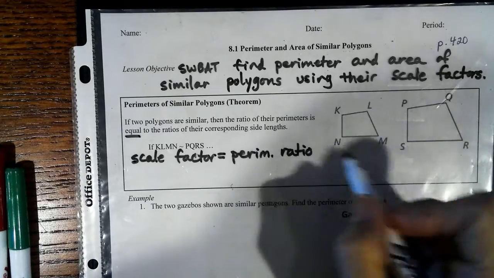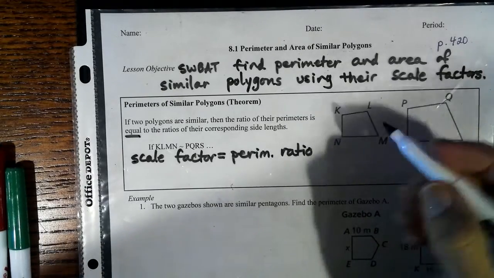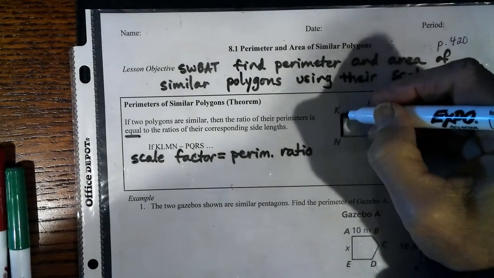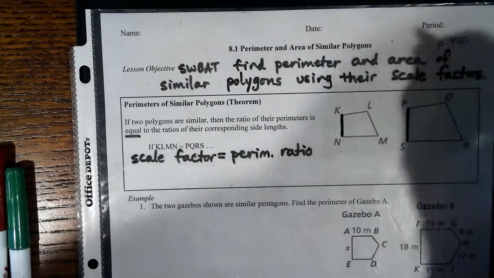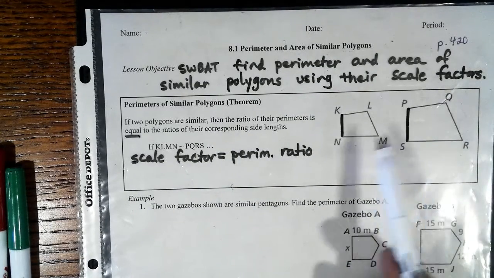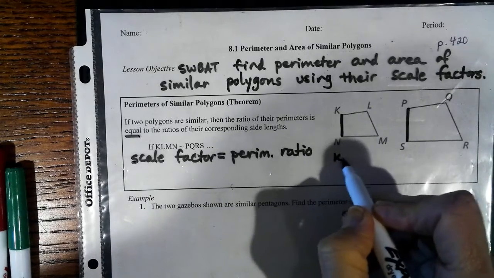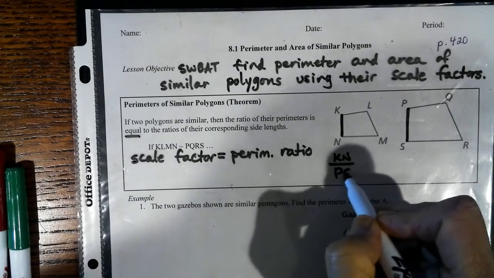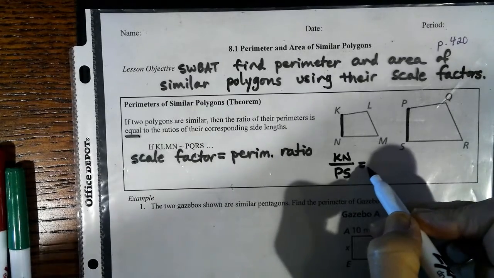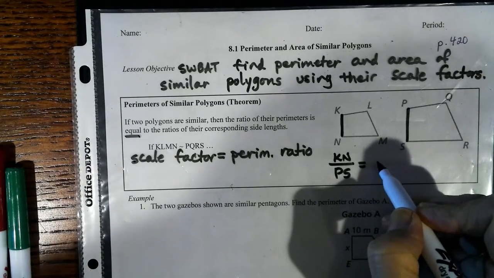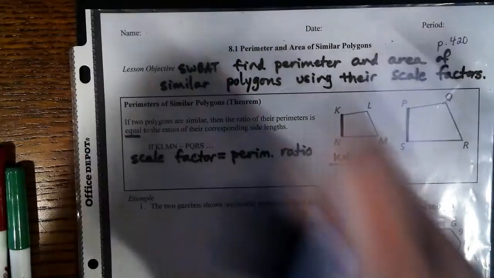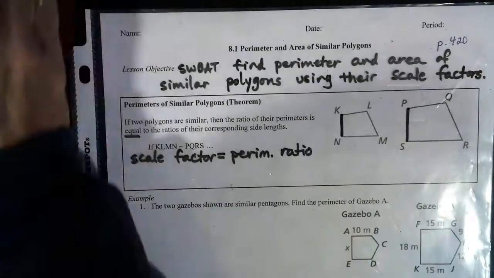So if I look at this side here, KN and PS, they're both in the same direction, so I know those are corresponding parts. So I can write this equation, KN over PS equals, well actually I want to do it the other way around. I want to do the image on top.